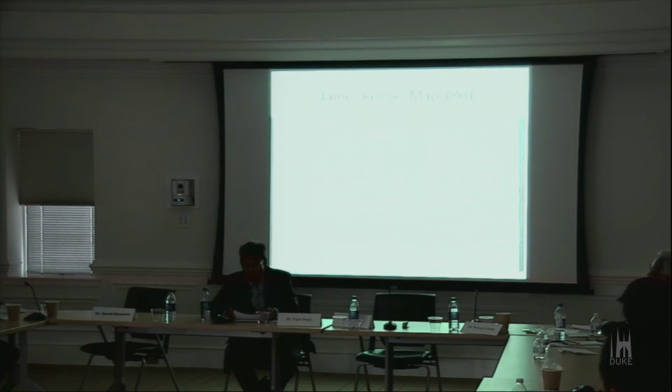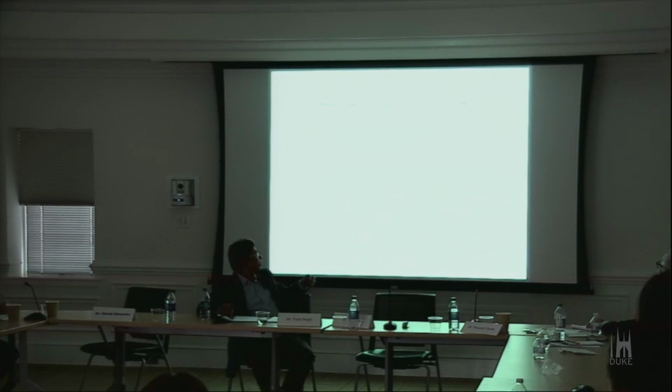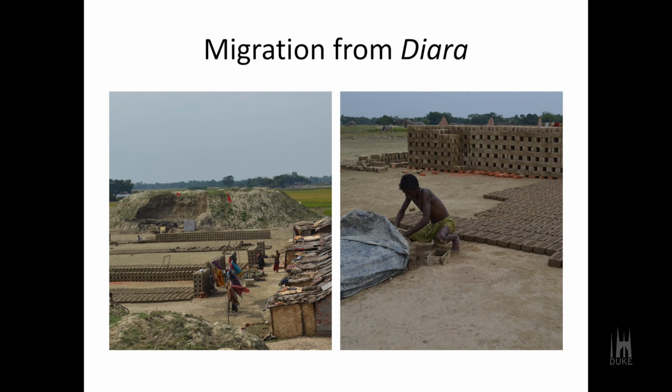So, by the beginning of the 1890s, the judges in the criminal courts were deciding on the infringement of fishing rights in the Diara areas. One of the implications of this interference in the Diara land is migration. These Diara communities migrate to different areas.